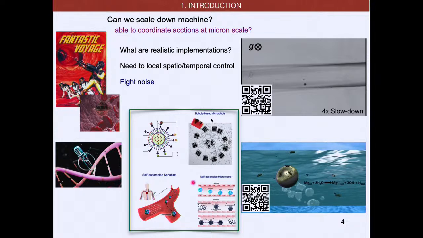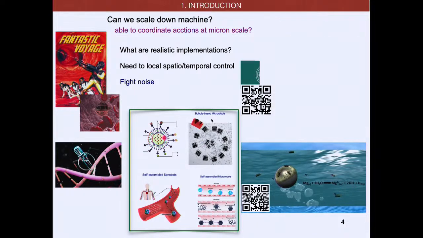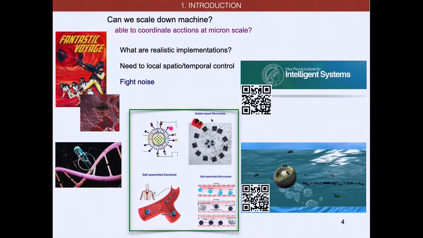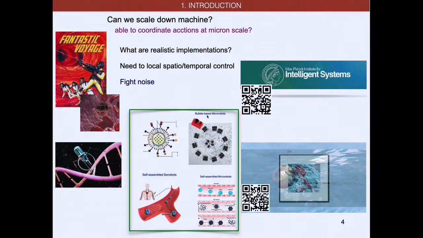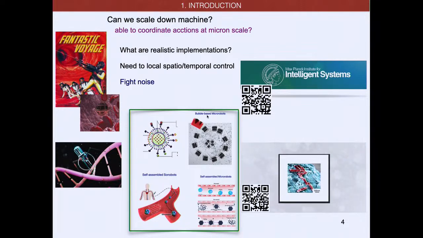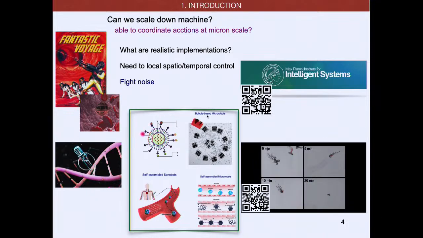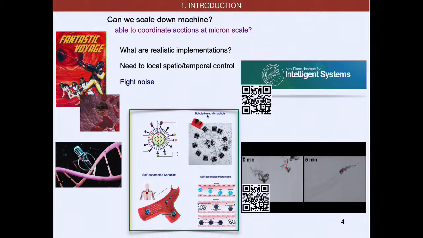And at even smaller scales, we have been seeing how liposomes are used for drug delivery, so now we are moving towards the nanoscale, and by also combining them with enzymes, it's possible to make them propel. So I think that's an interesting potential, the possibility to really control the motion and the deposition of matter at small scales.